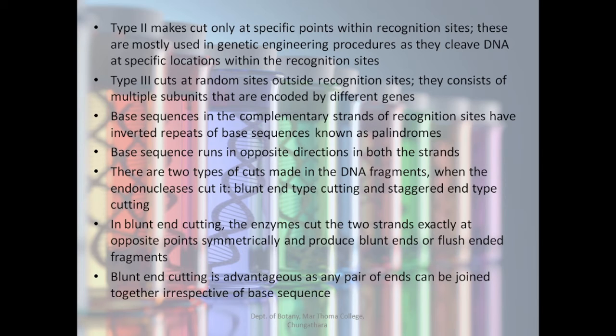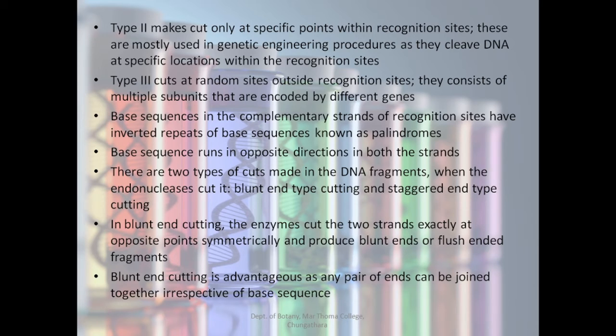These are mostly used in genetic engineering as they cleave DNA at specific locations within the recognition sites. So the cut is made within the restriction enzyme's recognition site, and that is why we can be definite about where the cut is made. So this is mostly useful in carrying out genetic engineering experiments.